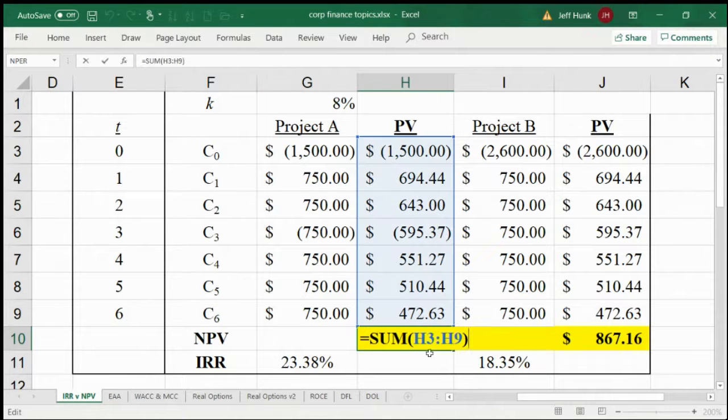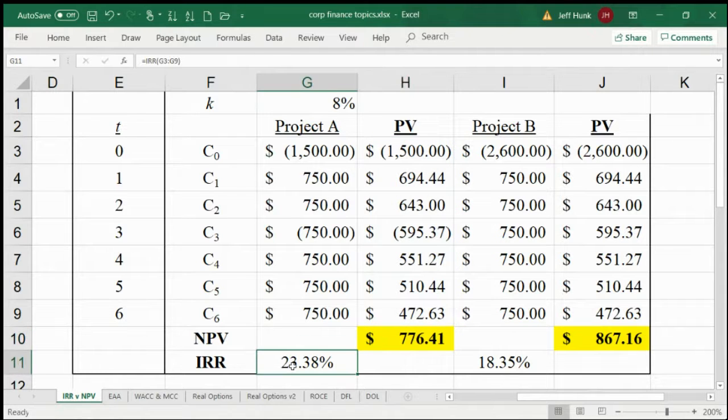And then sum everything. That's the net present value, right? Of course, for the internal rate of return, you simply use the IRR command, and you'll get that.